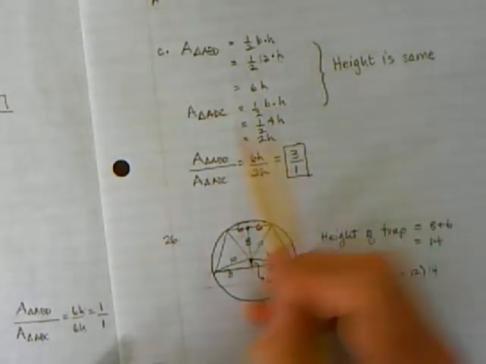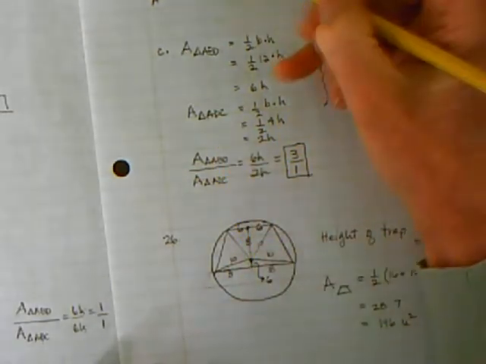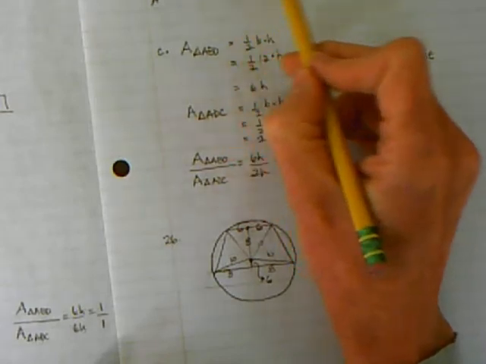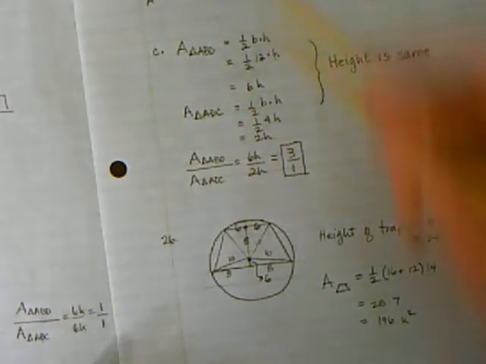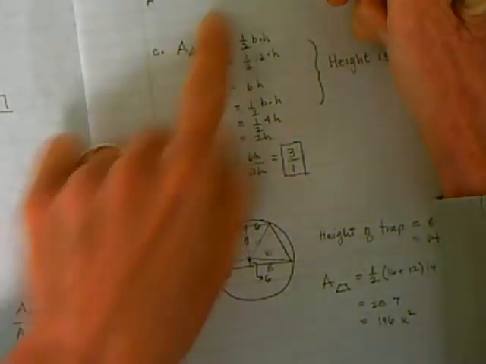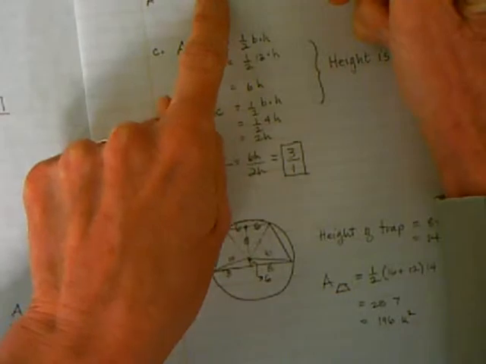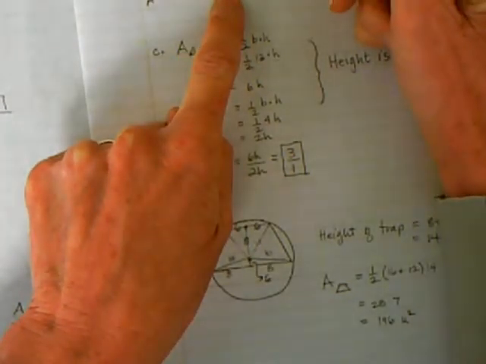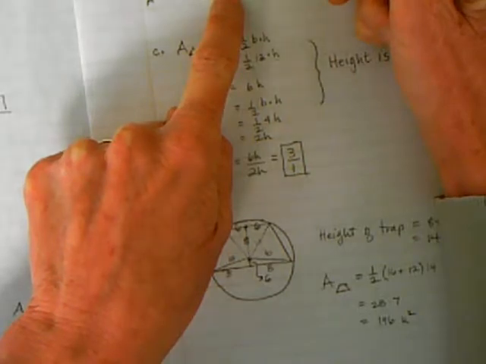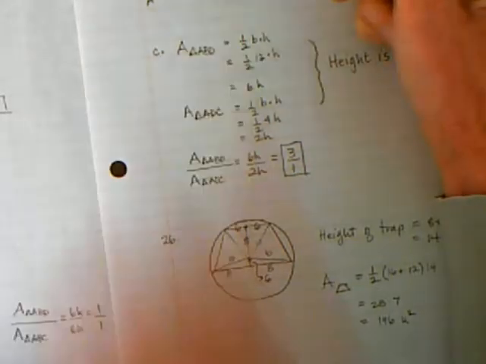of course. And ADC, you know, the base here is 4, and the height is the same. The height is the same as this other height because these two bases are the same distance apart. One has a base of 12, the other has a base of 4. But the height, the distance between the two bases, the altitude, is the same for both triangles.